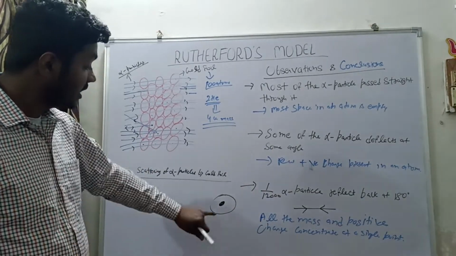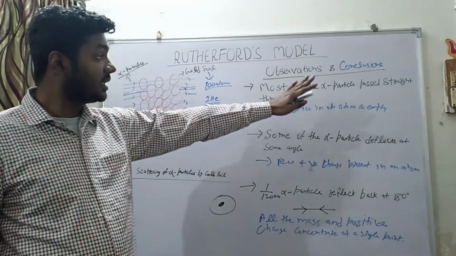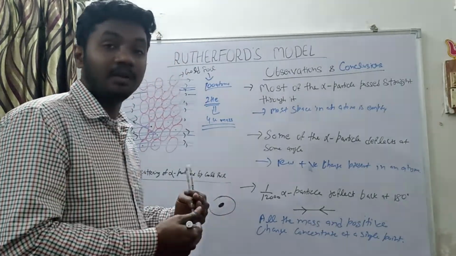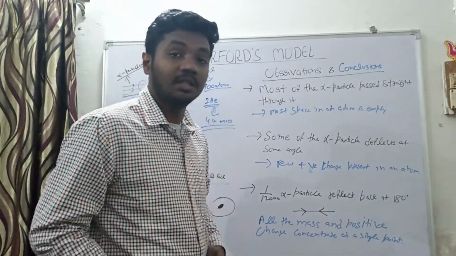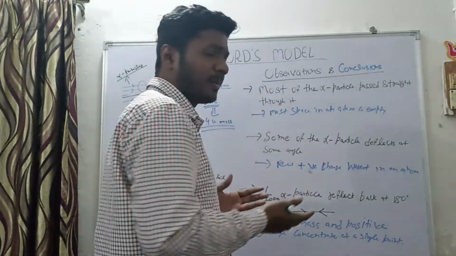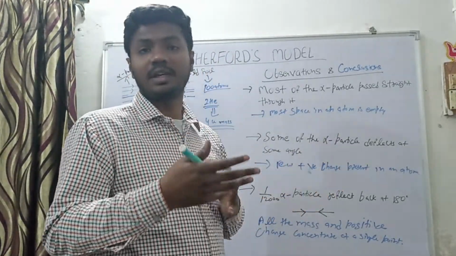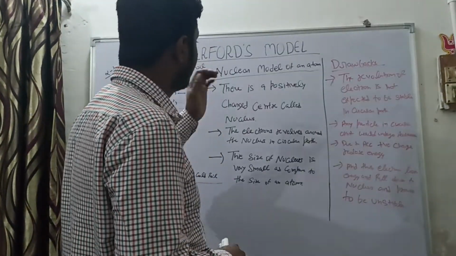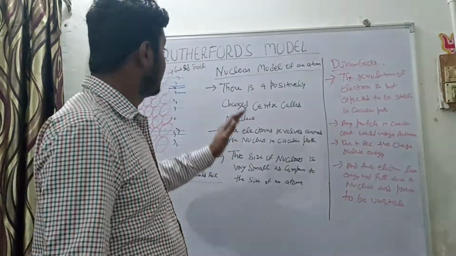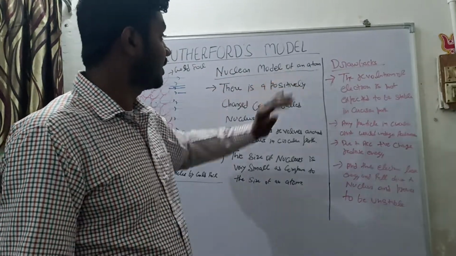So this is his observation and conclusion from this experiment, and let's move on to what he proposed for his nuclear model of an atom at that time. Let's see what Rutherford proposed.